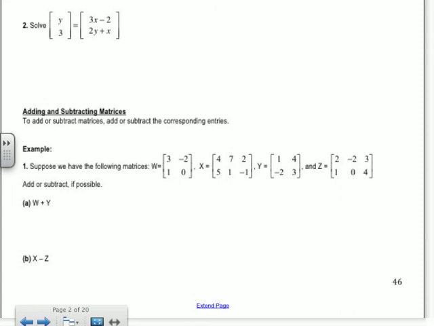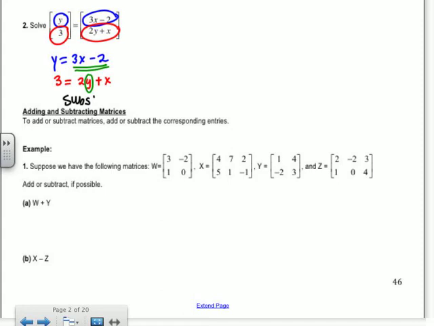So y is going to equal 3x minus 2, and 3 is going to equal 2y plus x. Do we know how to solve something like that? Yeah, that's what we did in chapter 3. It's a system of equations. We know what y is, so let's replace y with this whole 3x minus 2. So we're doing substitution.